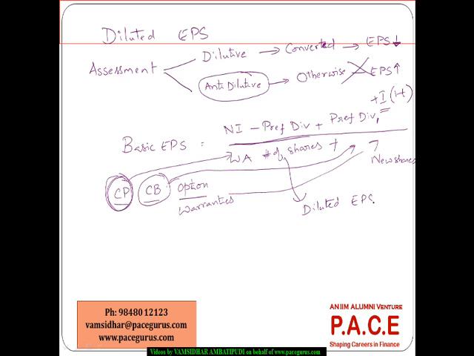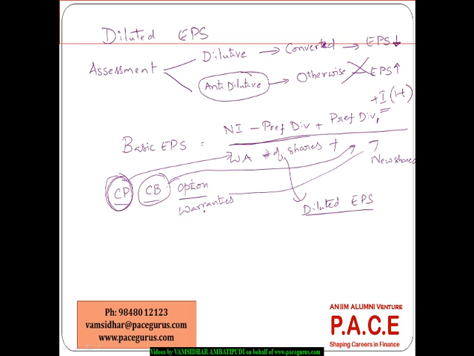We'll try to do one numerical calculation which will simplify our overall understanding. But any of these things added to the diluted EPS should be dilutive securities. I have to evaluate them separately, whether they are dilutive or anti-dilutive.